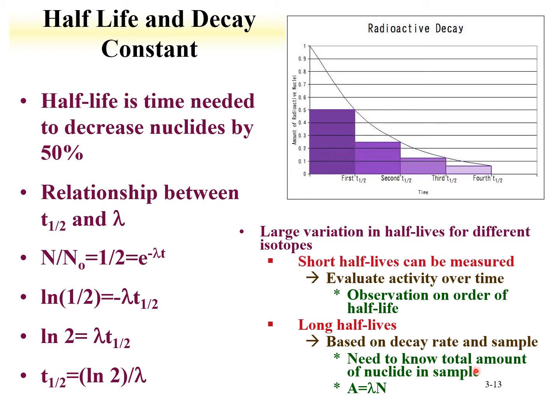So if I had some plutonium-239 and I weighed it, and I got N, and I got the activity of that N, well, I could solve for the decay constant, and then I know that the decay constant is equal to log 2 divided by the half-life. I've measured the half-life.